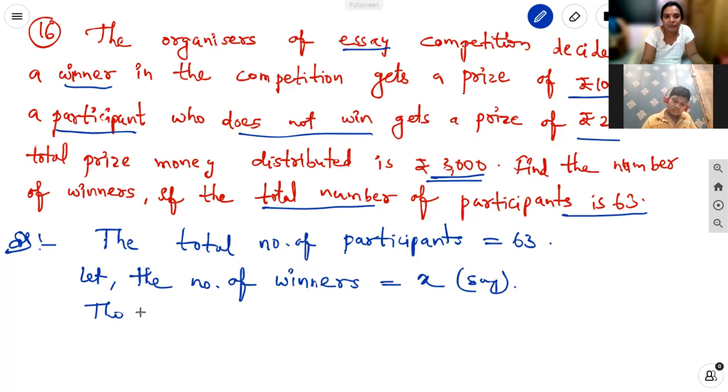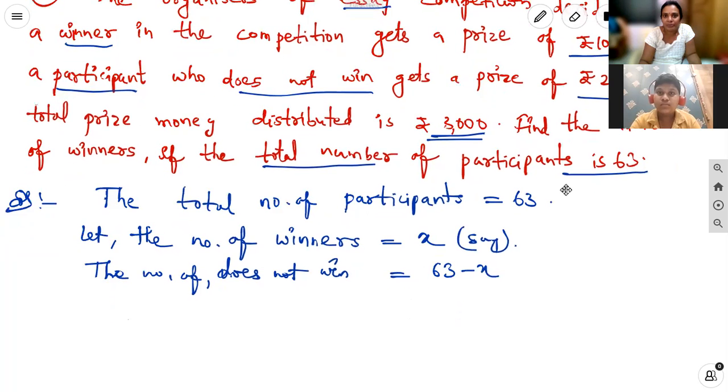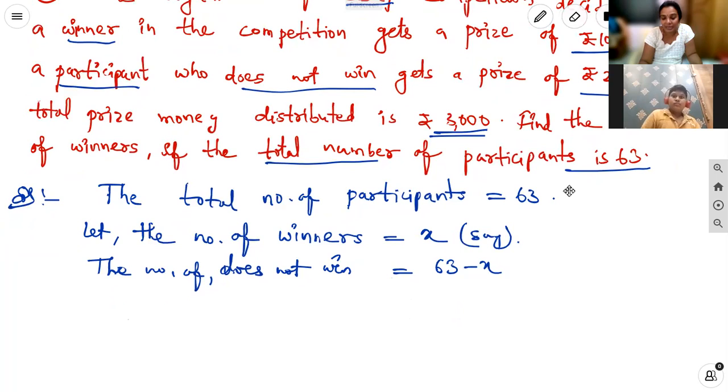Next, the number who do not win the competition equals the total, 63, minus the number of winners. They do not win, but they get the prize.